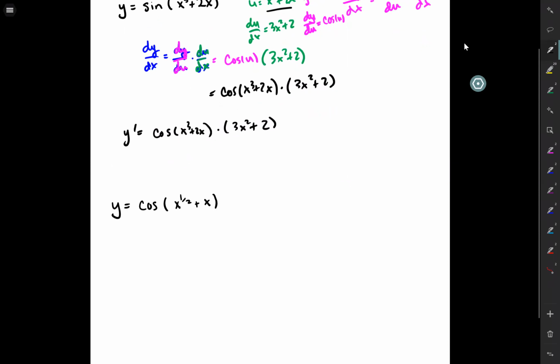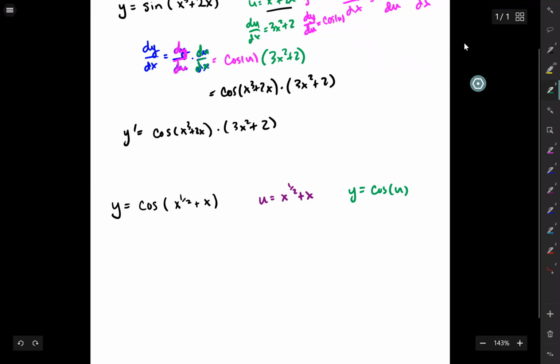So now we have the outside function is cosine, the inside function is u, which is going to be x to the 1/2 plus x, and the outside will be y, which is cosine of u.